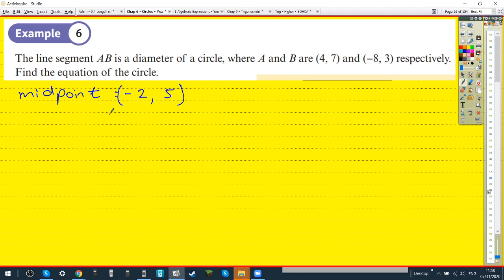So it'll be written out as 4 minus 2 in brackets squared plus bracket 7 minus 5 close bracket squared equals r squared. And then you work it out.